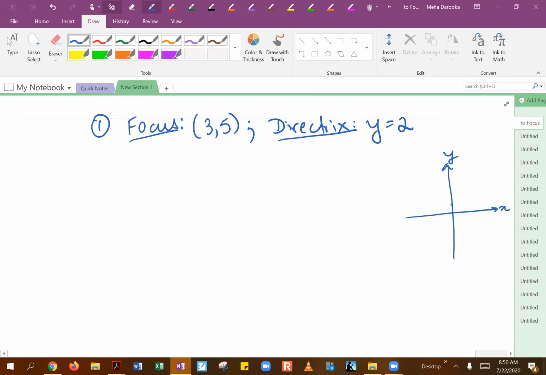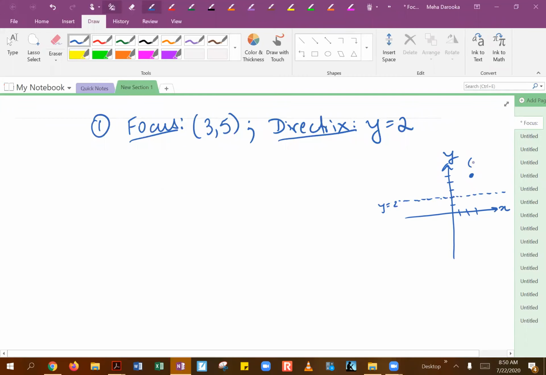We're looking at 3 and 5, so that's 1, 2, 3, 1, 2, 3, 4, 5. So this is where the focus is going to be, and the directrix is the line y equals 2. So that's going to be the line y equals 2 right over here.